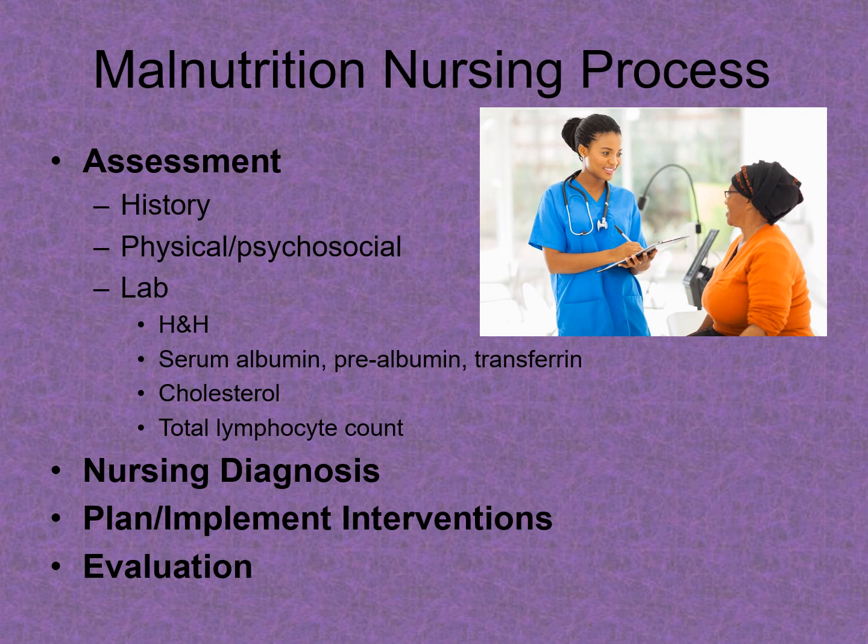You can make a nursing diagnosis based on what you assess, plan what you're going to do to improve that problem, implement whatever interventions you come up with, and then evaluate if what you did helped or not.